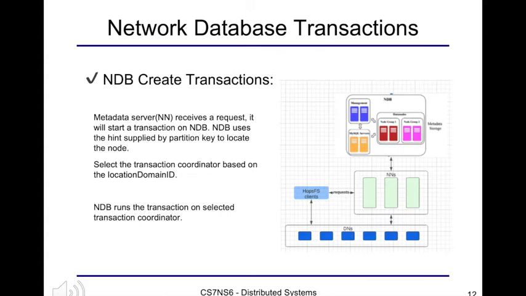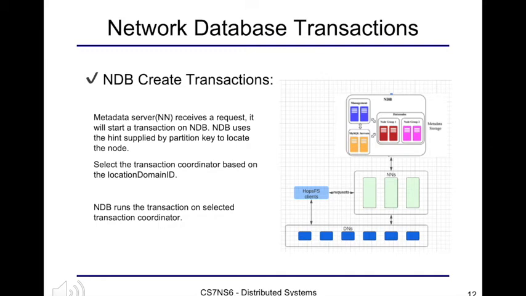In this slide, we introduce how a transaction is created. From the diagram, we can see when a metadata server in HopsFS receives a request, it will start a transaction on NDB. NDB first uses the hint supplied by the HopsFS partition key to locate the nodes that host the partitions for the transaction data.